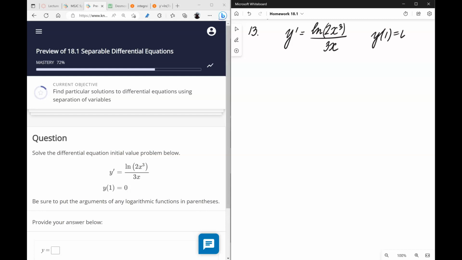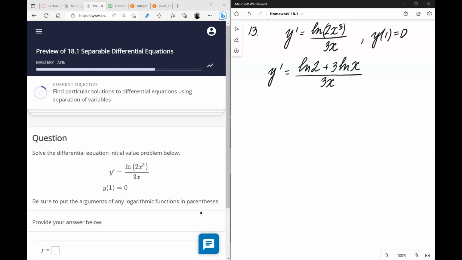Initial value problem. It's a similar problem to the one I got wrong earlier, so you can look up my previous attempt and follow that, but I was going to show you another way here. We have ln of 2x cubed, which can be written as ln of 2 plus 3 ln of x using the properties of logs.